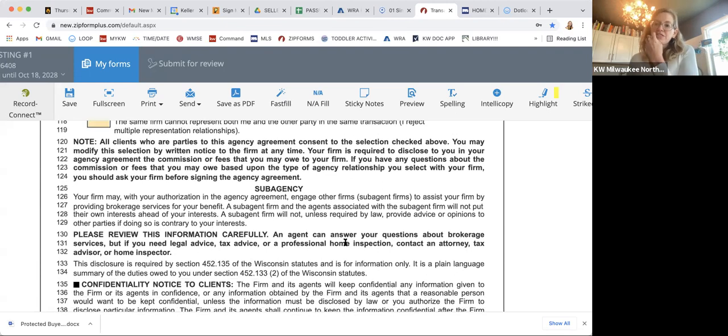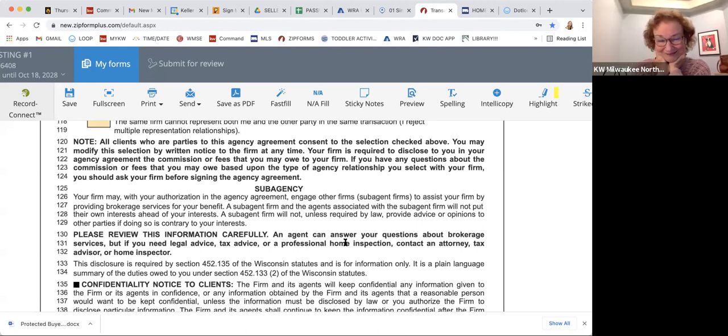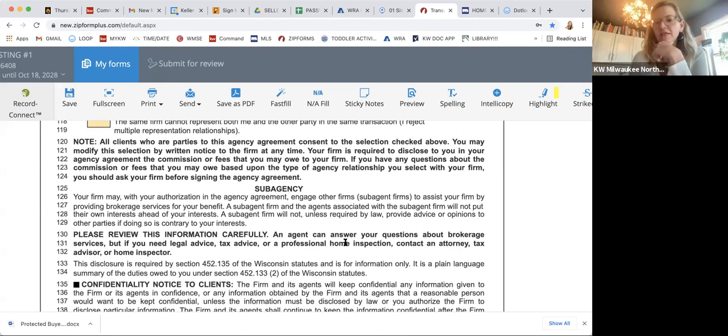And then just a note for everybody, lines 120 to 124. All clients who are parties to this agency agreement must consent to the selection checked above. I've seen where a listing or an agency relationship might change mid-transaction.